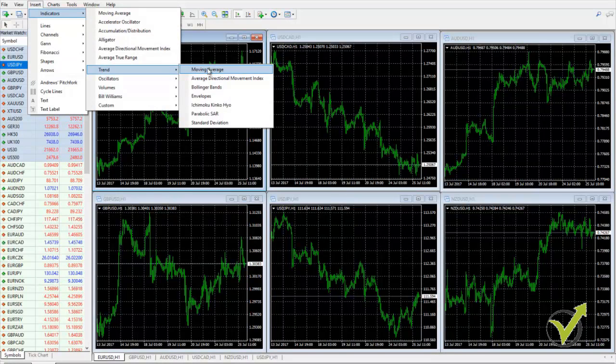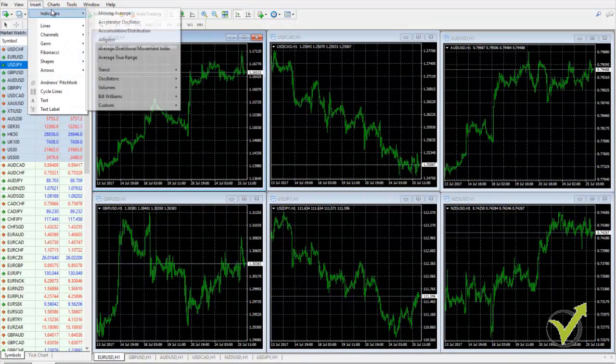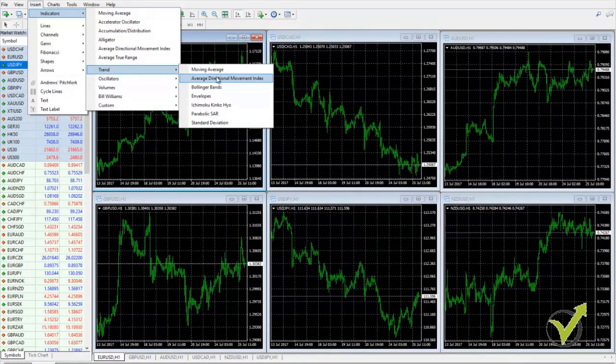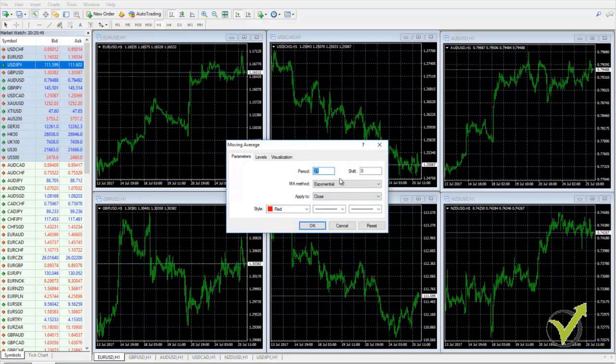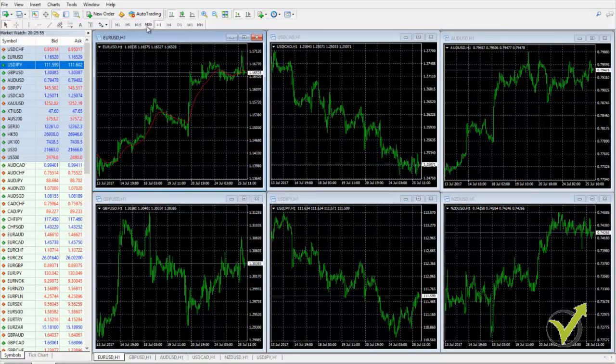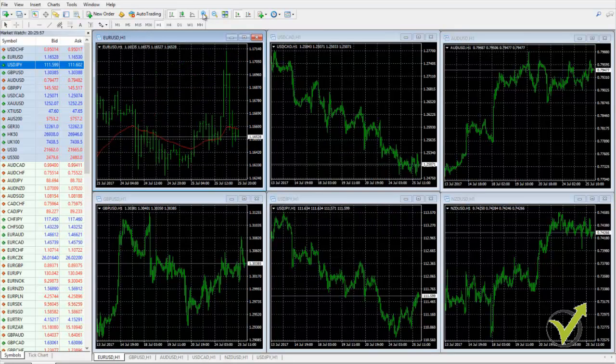We go to insert, indicators, trend, moving averages, 21, and as MA method the exponential moving average, and I click OK, and then I would like to zoom in a little bit. Okay, and I would like to see the bars.